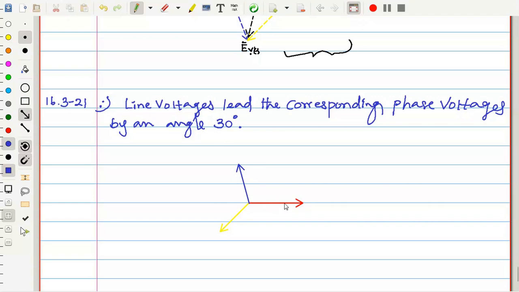Now if we know this phase voltage, let us say ER, I can write its corresponding line voltage like this. This is at 0, this is at minus 120, this is at plus 120.